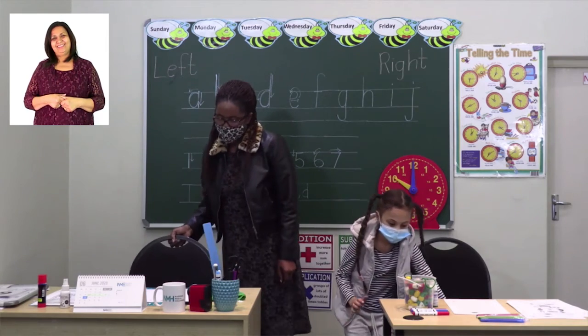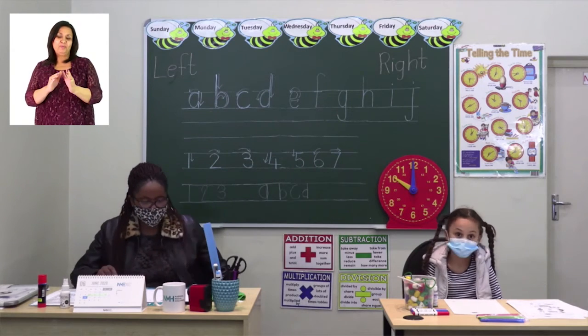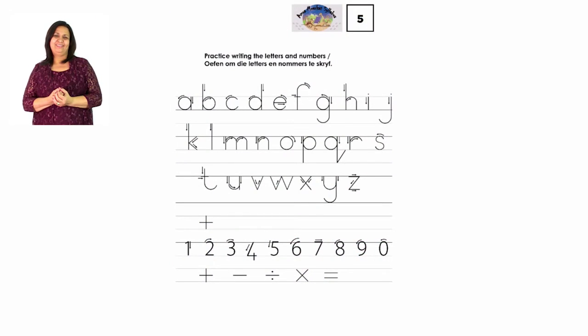Now let's move back to our workbook. Now I would like to give you a few more minutes for you to complete all the numbers. Number 1, 2, and 3 has been demonstrated for you on the board.